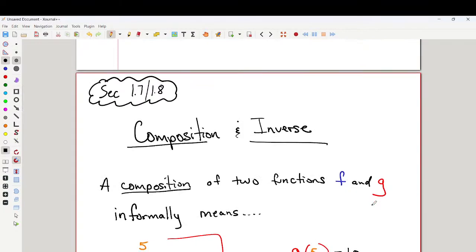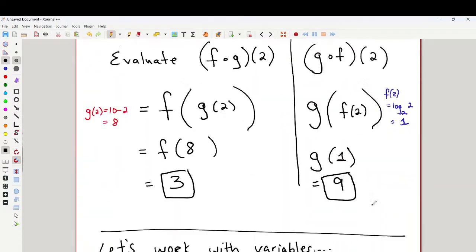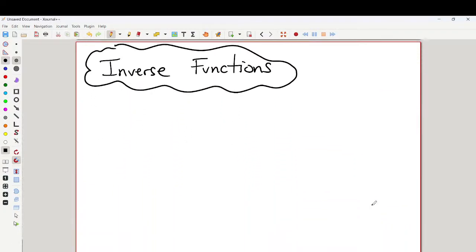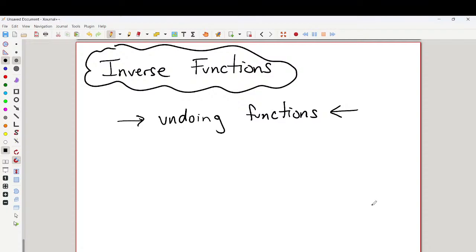So we just did composition, boom, and I'm going to hit up inverse. Basically, they're undoing functions. And so I'm going to, again, informally show you what I mean by that.